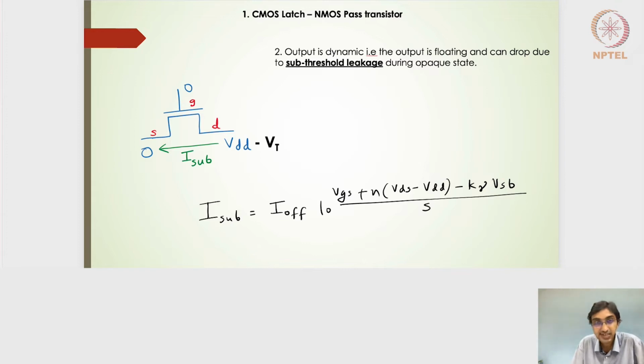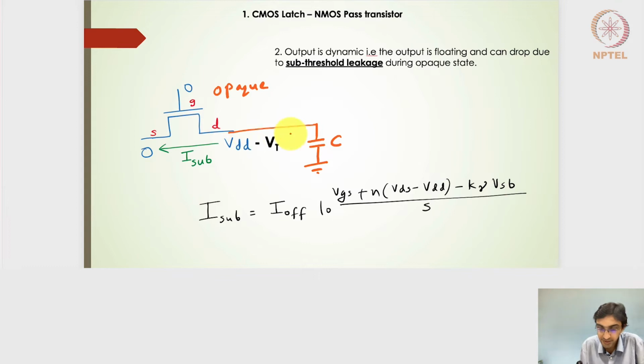The second disadvantage is that the output is dynamic. That means this particular output node, if I consider it as a capacitor, is, let's say, charged to VDD minus VT. And now the gate is fed with 0 volts. That means it should be in opaque mode, so it should be in a locking state.